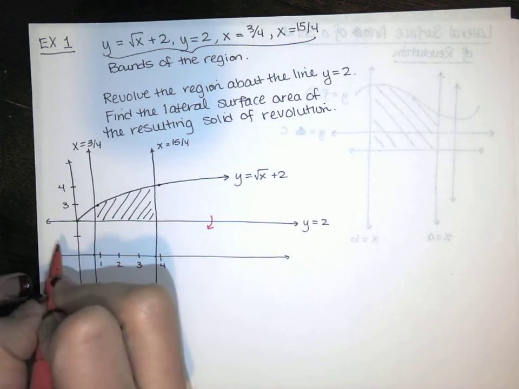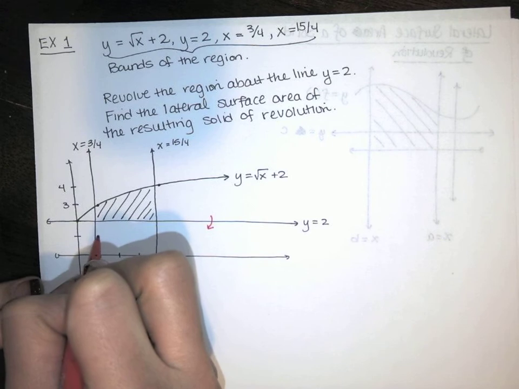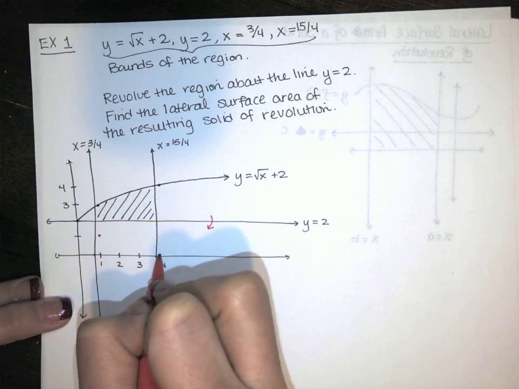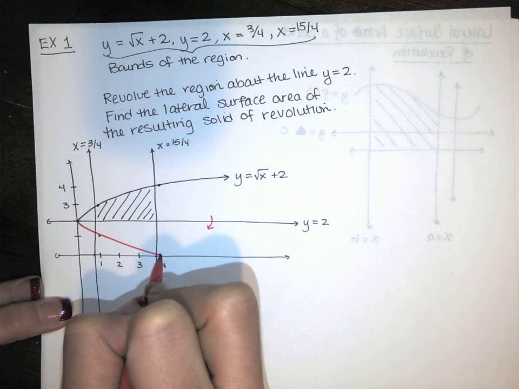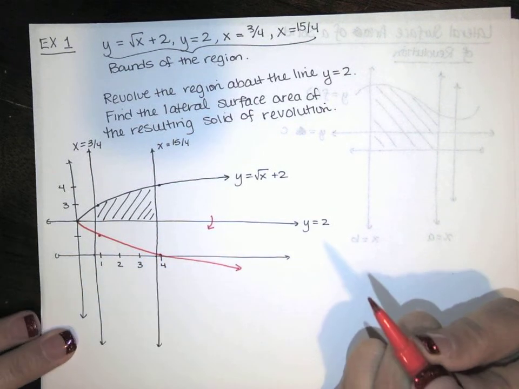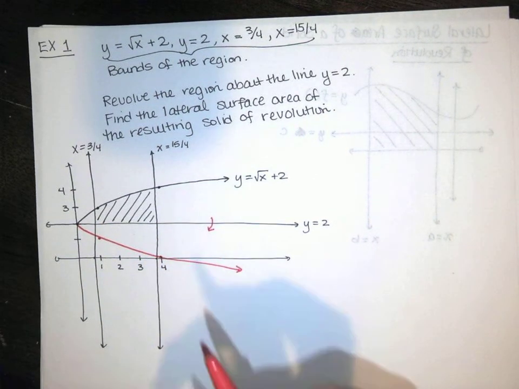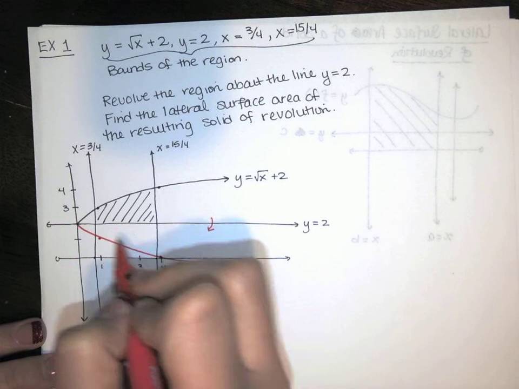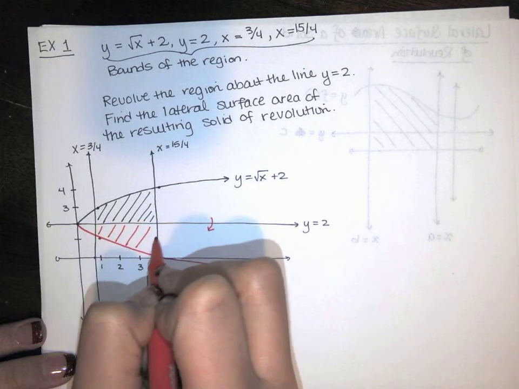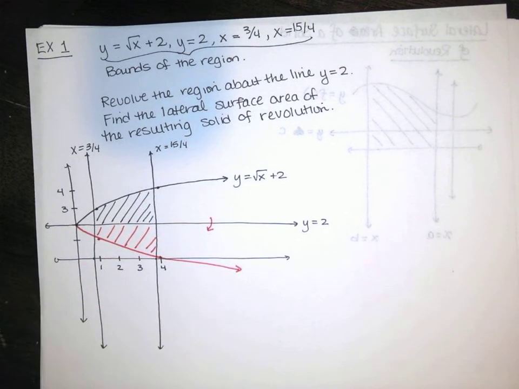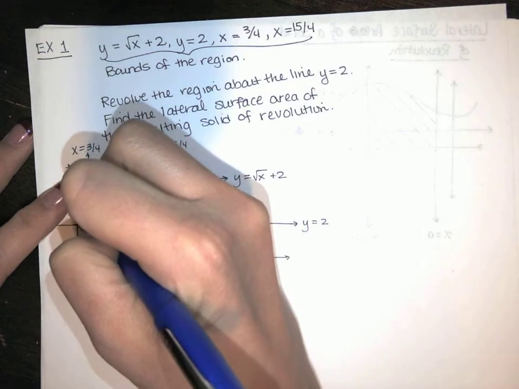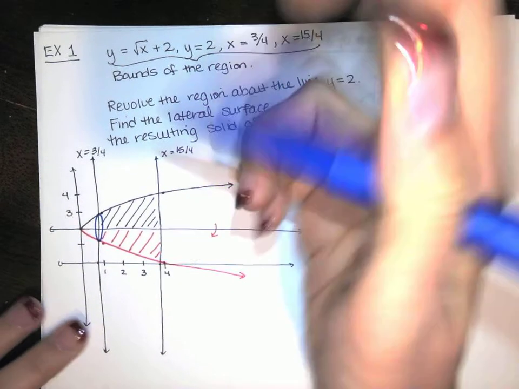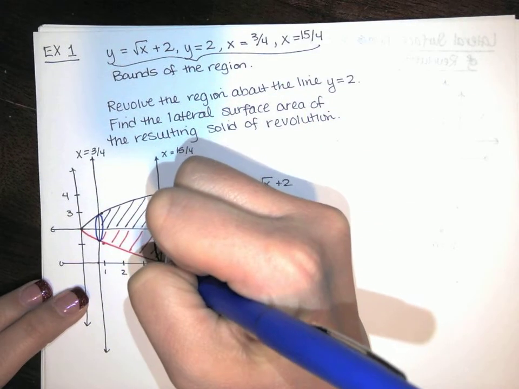The reflection is going to look like this. And so this is our reflected region. And that forms a solid of revolution. So that's what one end looks like. It's a little disc. Here's another end.